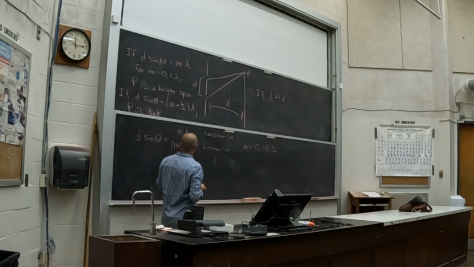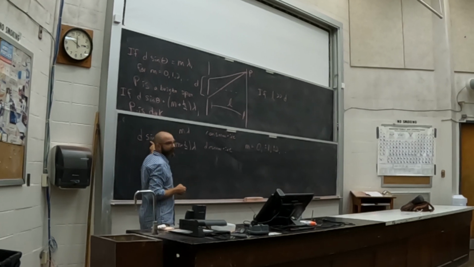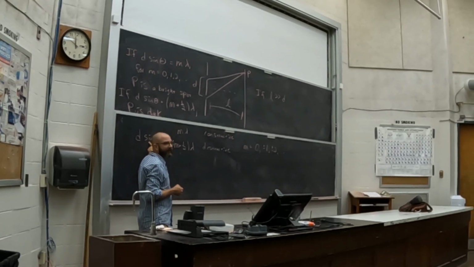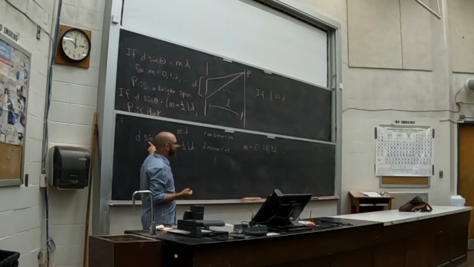If m is equal to 0, what do I get here? Well, I get 0, which means one of these is 0. My candidate is the sine of theta is 0. If that's the case, then theta is 0. Well, how do I interpret that?